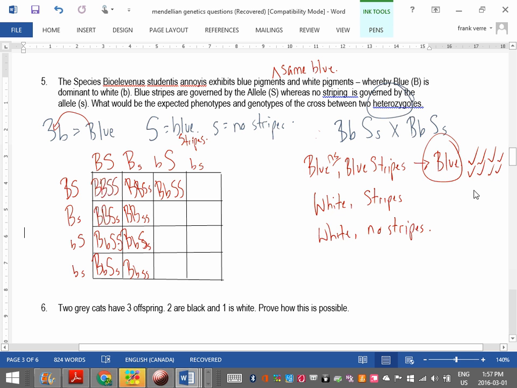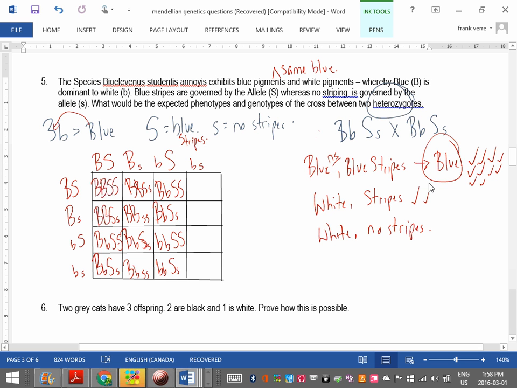Blue, right? So this is still blue. Alright, so we got 10 so far. Alright, what about this one though? Okay, white with stripes. Alright, what about this one? White with stripes.